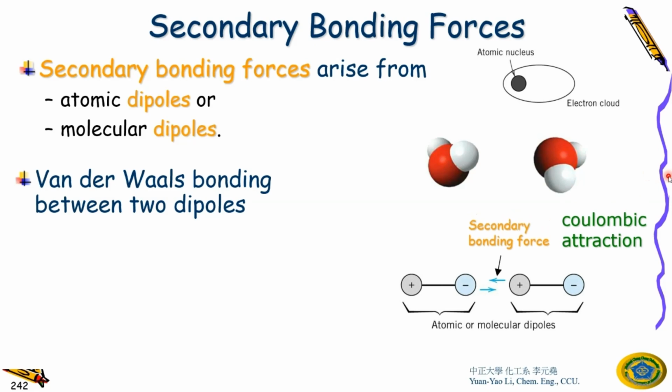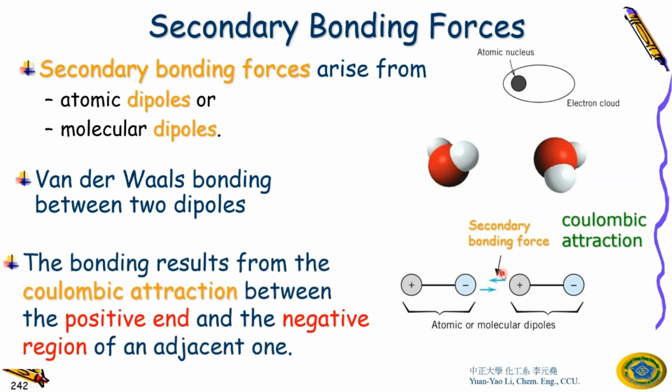So why do they have a force between two molecules? Dipole, right? And why do they have a force? Coulombic attraction, positive and negative. So the bonding results from the Coulombic attraction between the positive end and the negative region of the adjacent molecule. Adjacent means what? Neighbor, right?